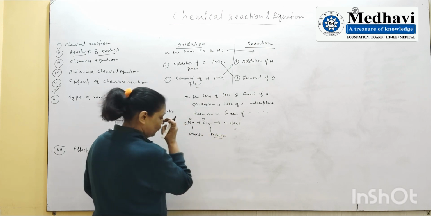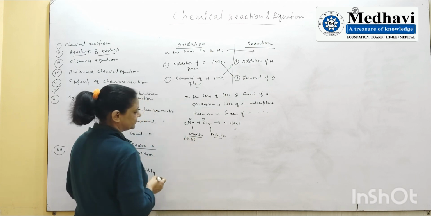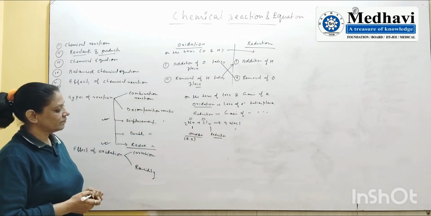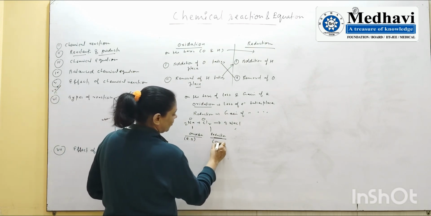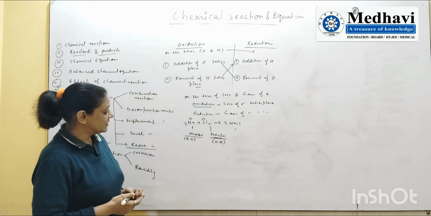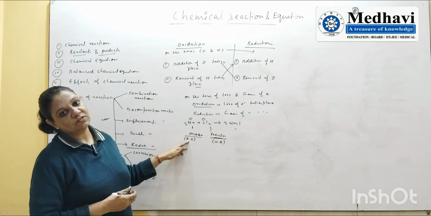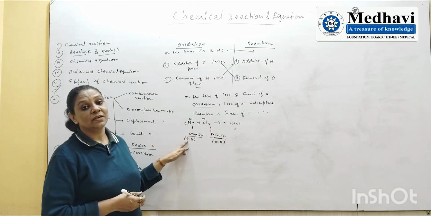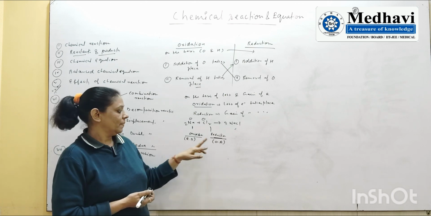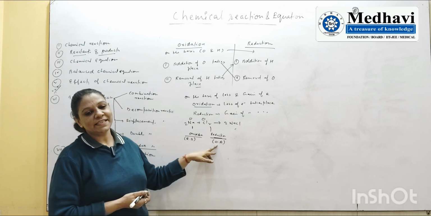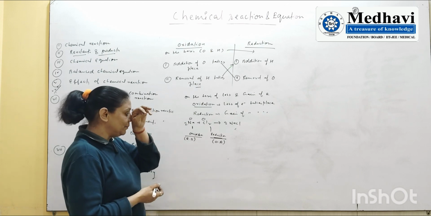So those which undergo the process of oxidation are reducing agents, whereas those which undergo the process of reduction are oxidizing agents. You can say a reducing agent oxidizes itself; it undergoes oxidation. They can lose electrons. Whereas an oxidizing agent reduces itself. That means they gain electrons. This is very, very important.